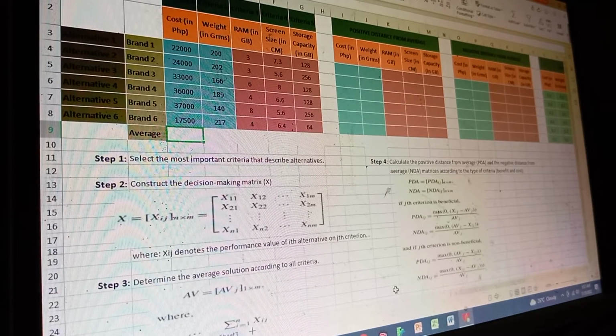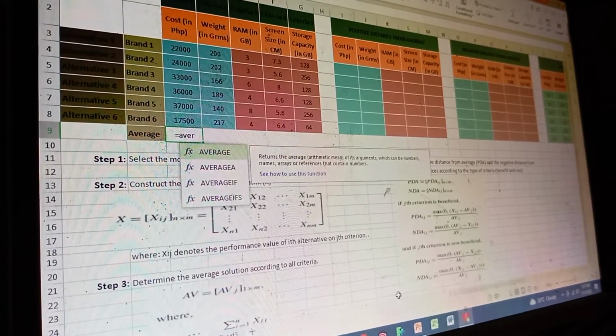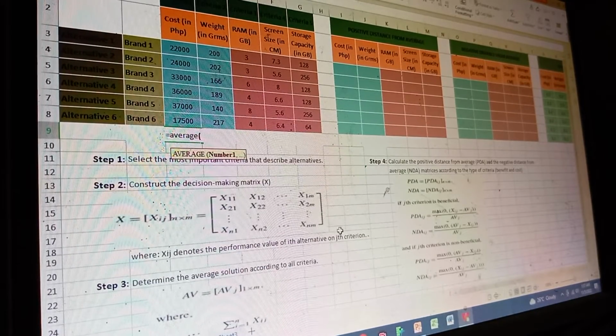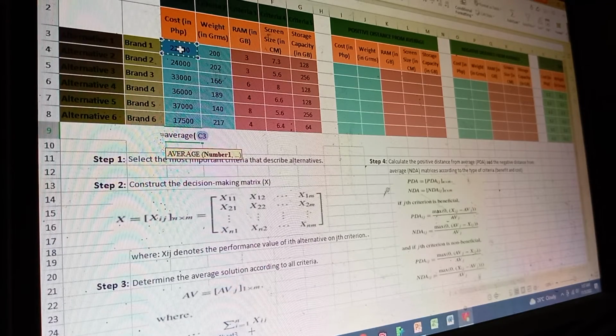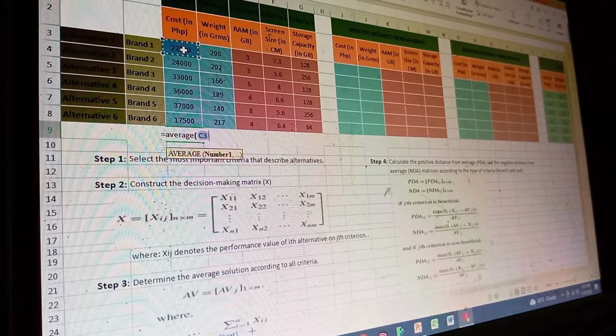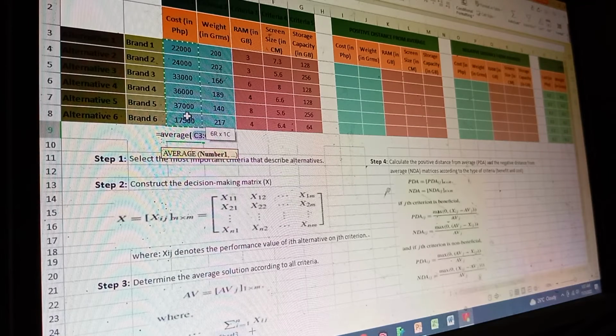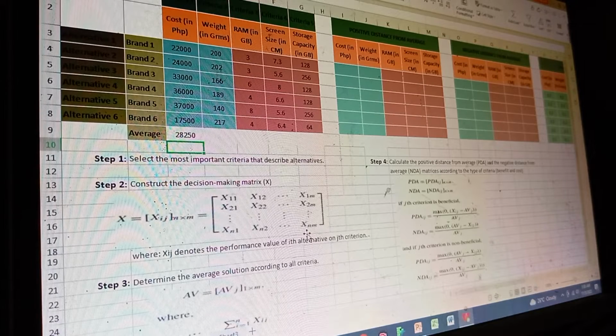To calculate the average, we have this formula: equals AVERAGE, open parenthesis, and we click the first value for criteria 1 up to the last alternative, close parenthesis, then enter.